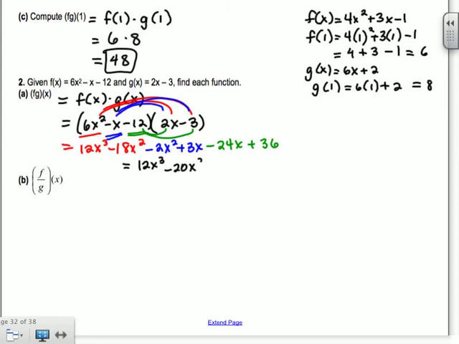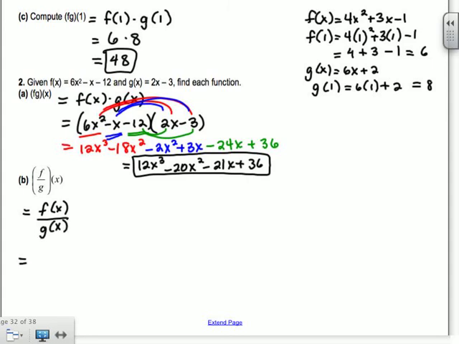I have two pieces that have x squared, so negative 18x squared minus 2x squared is negative 20x squared. I have 3x minus 24x, so that's negative 21x, and then plus 36. That's it. Okay, the next one is f of x divided by g of x.